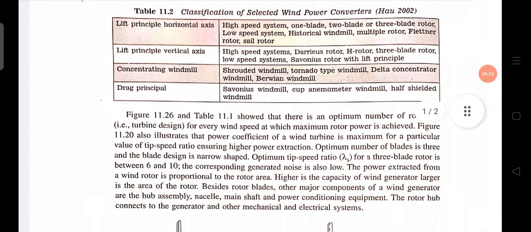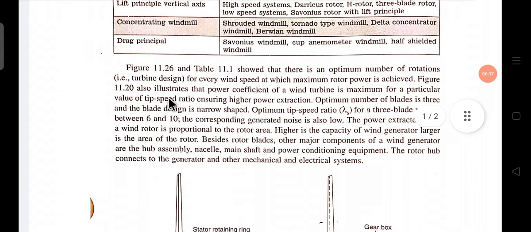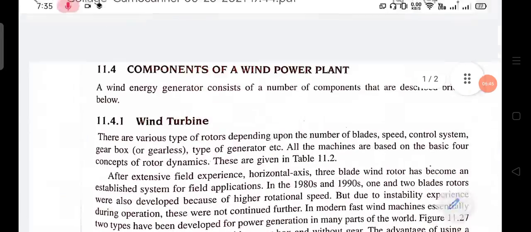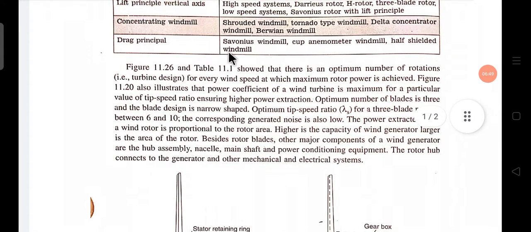Now you see Figure 11.26 and 11.1. They show that there is an optimal number of rotations for every wind speed at which maximum rotor power is achieved.